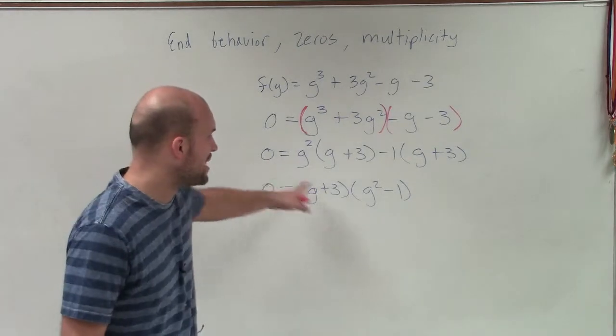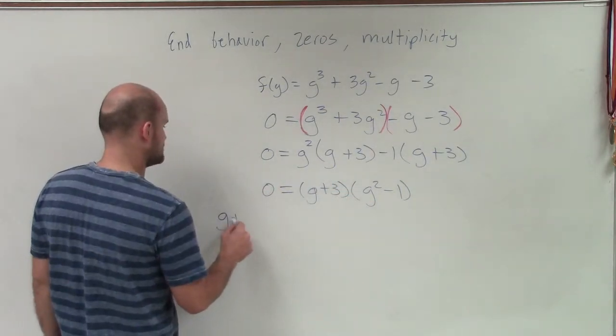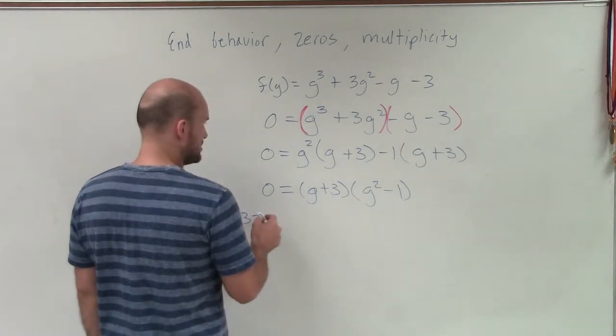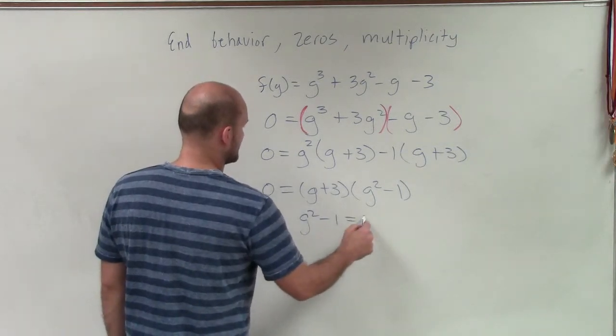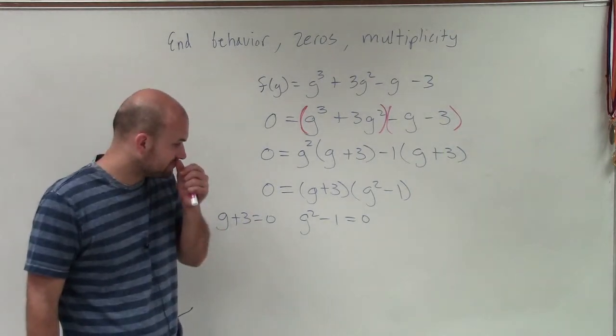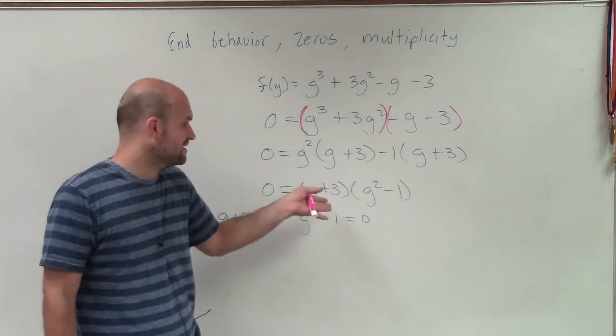Now we have a product equal to 0, where I can apply the zero product property. So I say g plus 3 equals 0. And then also I have g squared minus 1 equals 0. Now we can solve for the positive and the negative.